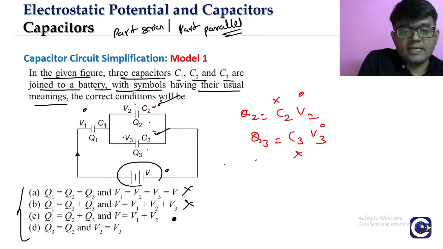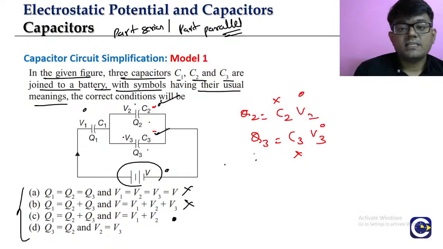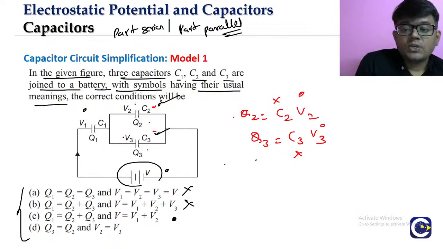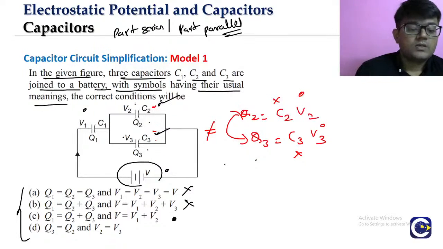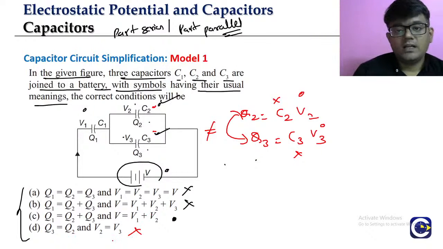They clearly say three different capacitors, C1, C2 and C3. Since C2 and C3 are different, Q2 and Q3 will not be equal. So option D cannot be the answer.